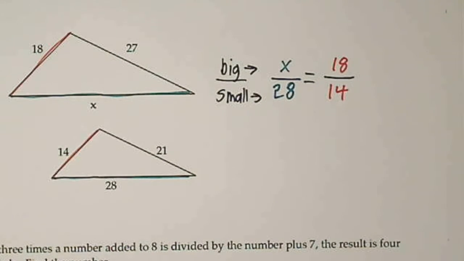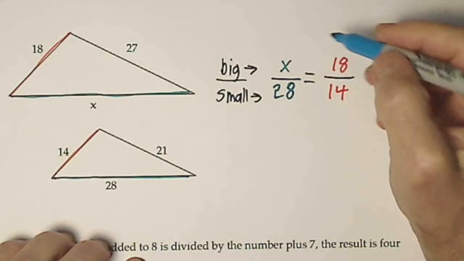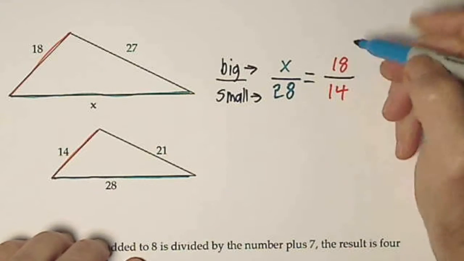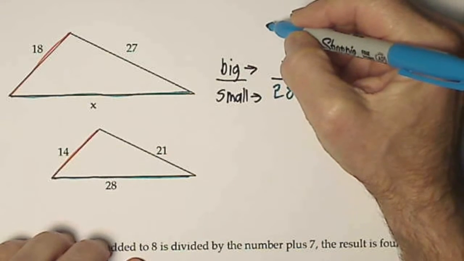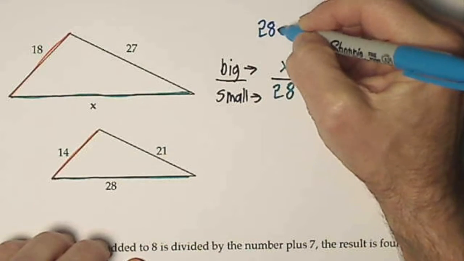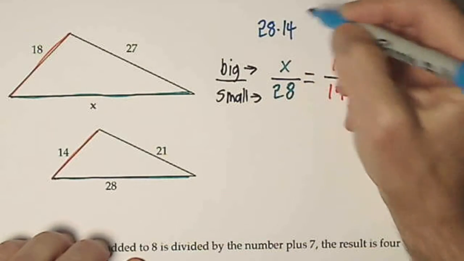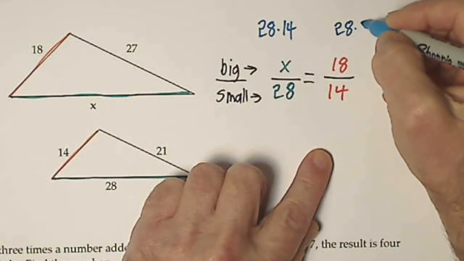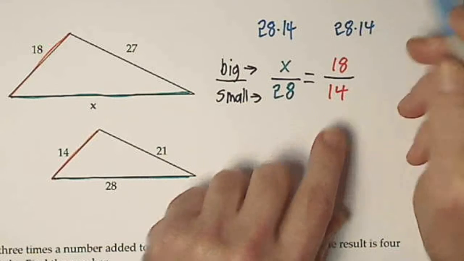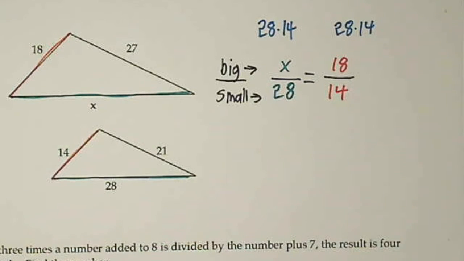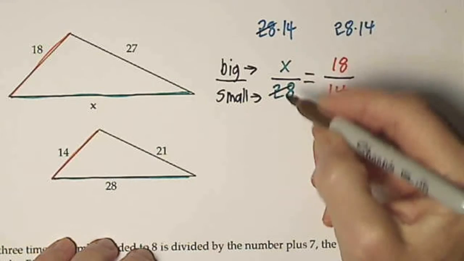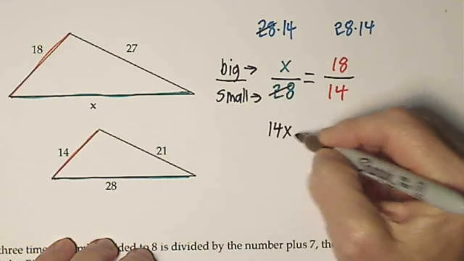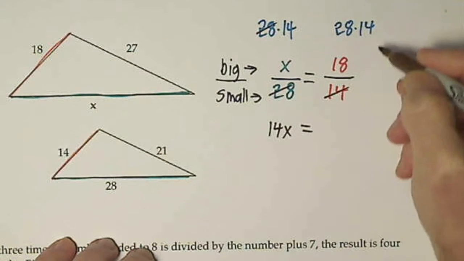and we'll stick with our pattern. Again, there's other ways to solve it, but I'm just doing the same approach each time to reinforce it. I can say 28 times 14 multiplies on this side of the equation, and I can say 28 times 14 multiplies on this side, and then just cancel whatever I can. So 28's cancel, and I have 14x, and the 14's cancel.